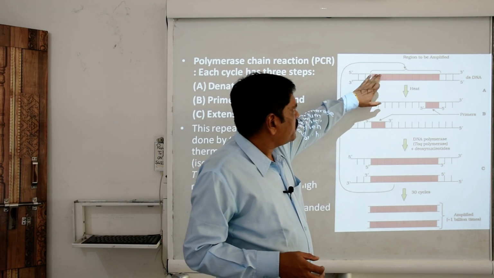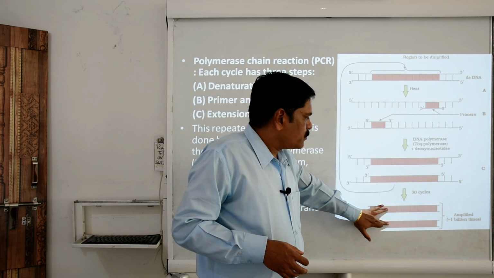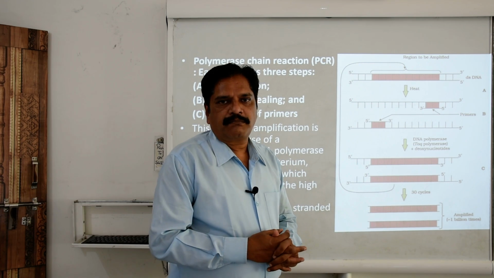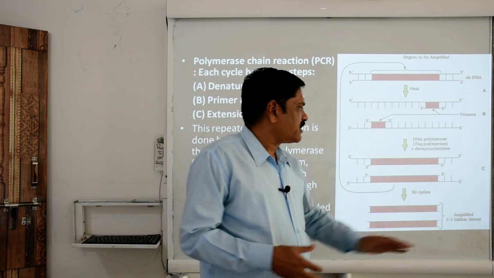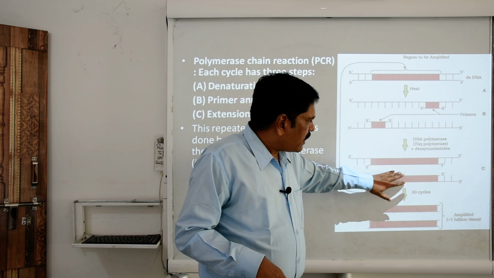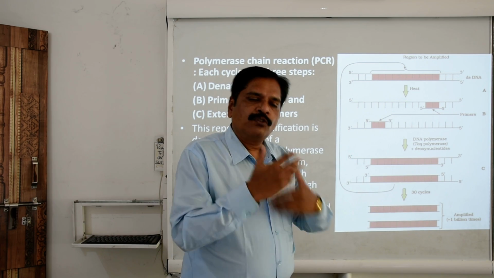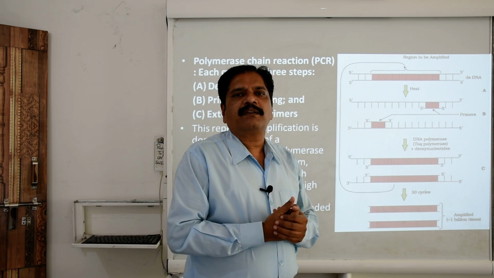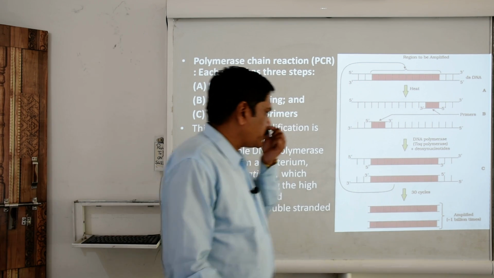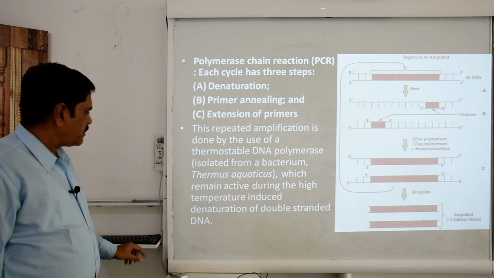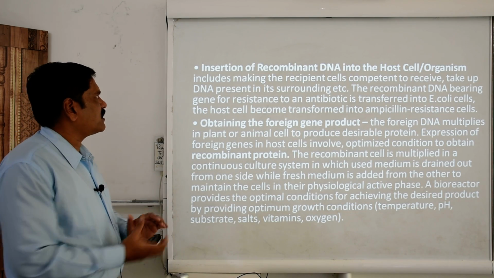That means from this single DNA you can observe many copies, and this is called amplification. So at least 30 cycles are made, so you may observe more than 60 copies. Again and again by repeating these processes we can obtain millions and billions of copies of these substances.